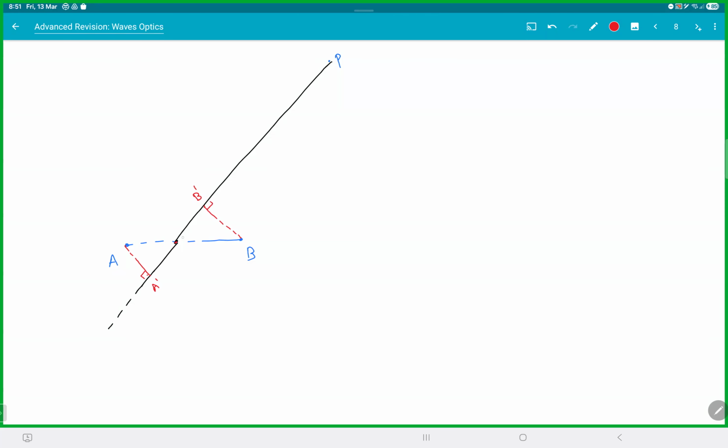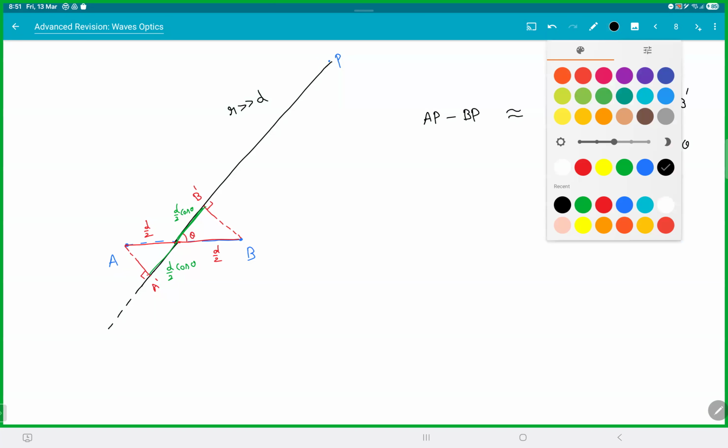If this angle is theta, and these distances are d by 2 each, this will be d by 2 cos theta, and this will be d by 2 cos theta. The approximation is, when r is much, much greater than d, AP minus BP is approximately equal to A dash P minus B dash P, which is nothing but A dash B dash. That becomes d cos theta. It will be quite a useful approximation.